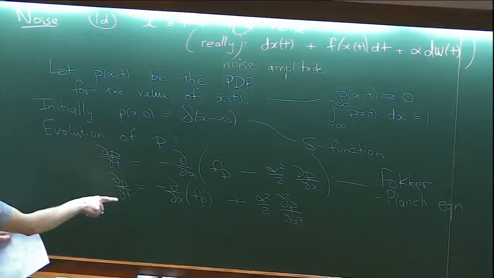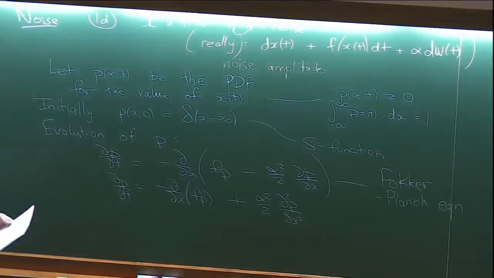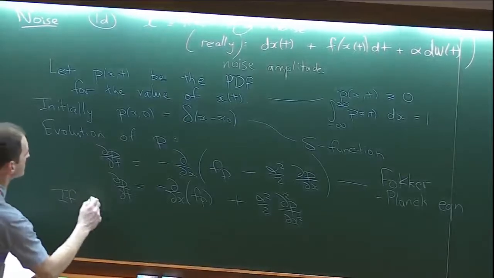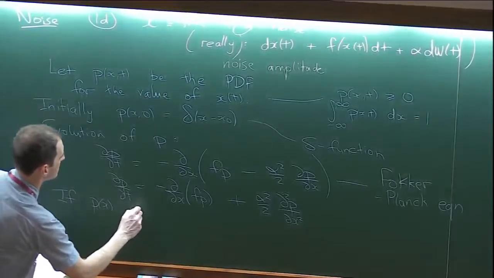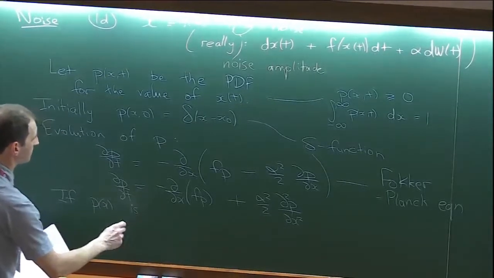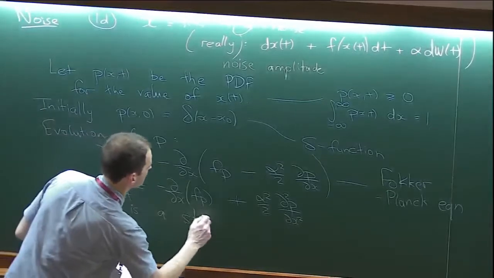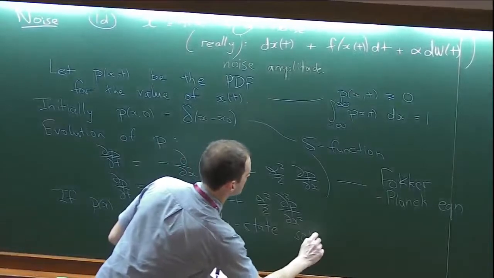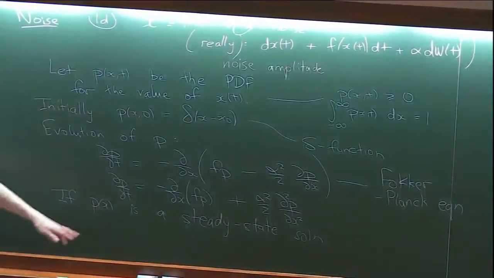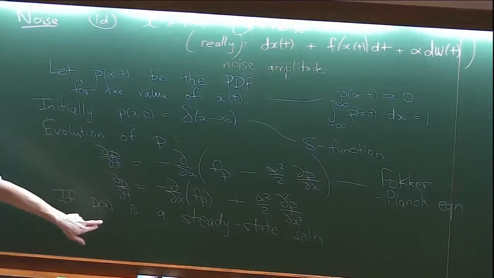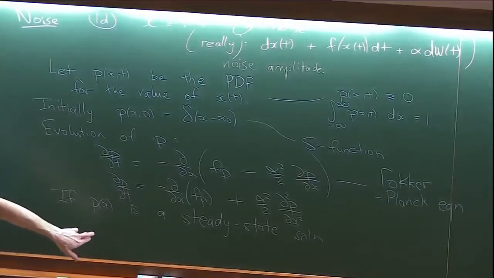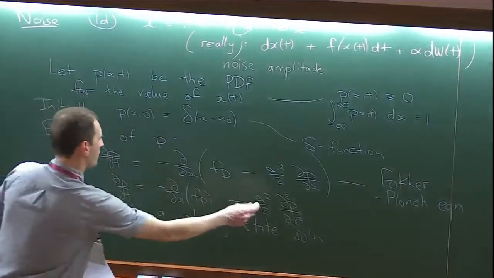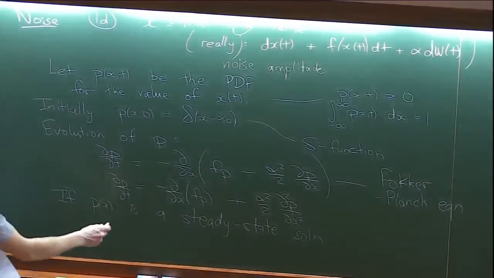Okay, so let's look for a steady state solution. A steady state solution would be something that doesn't change with time. That's what we mean by steady state. So in the Fokker-Planck equation, we'd have a 0 on the left-hand side.